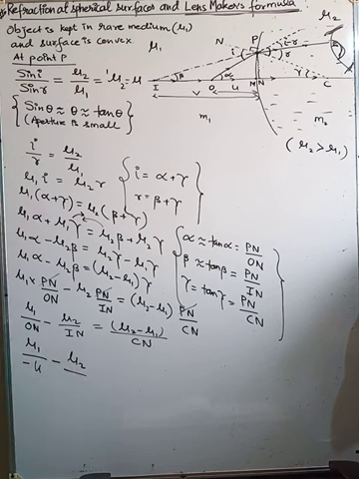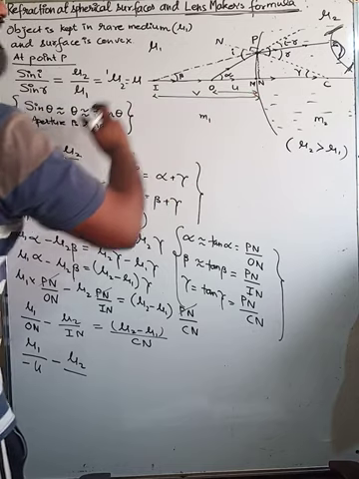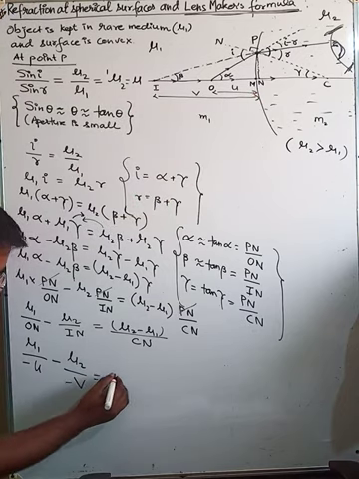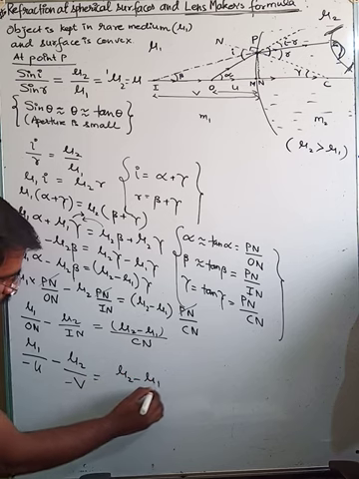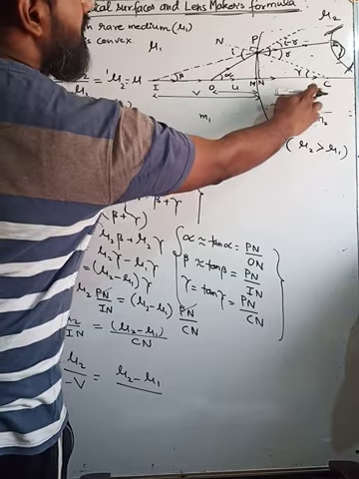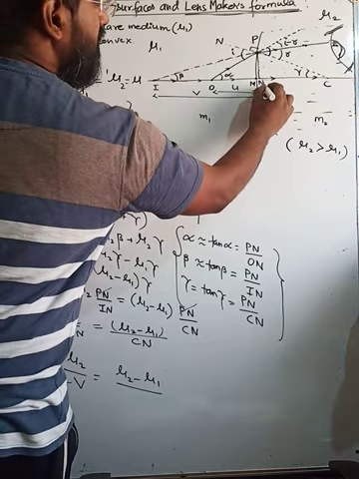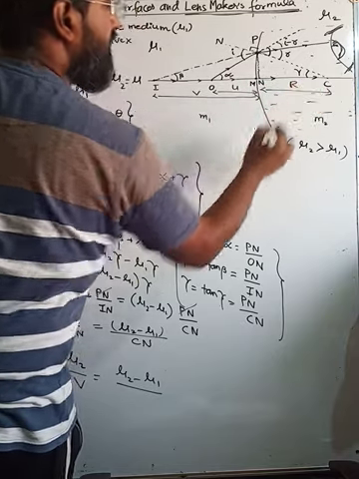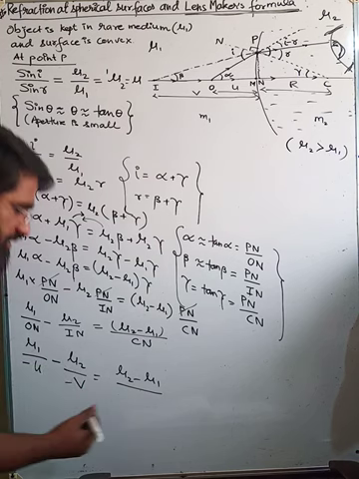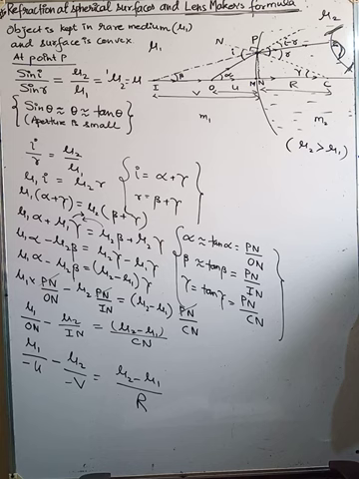Mu2 upon IN, again image is found on the left side, so it will be minus V, is equal to mu2 minus mu1 upon CN. What is CN? That is radius of curvature, and it is on the right side. It will be positive. Now do the calculation.